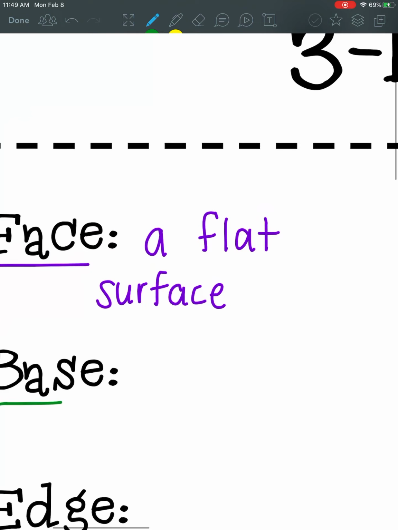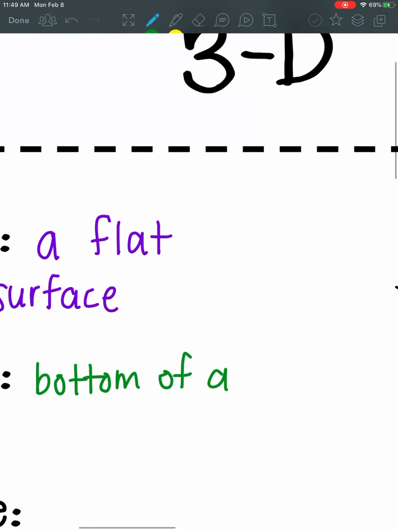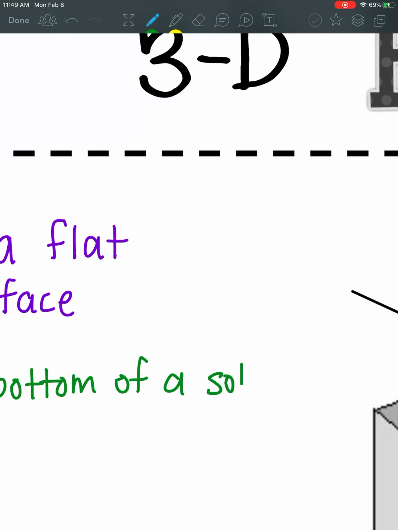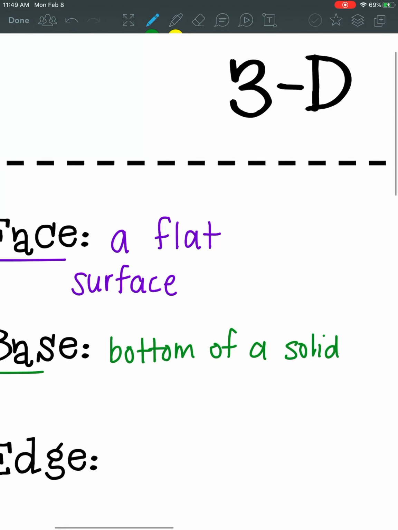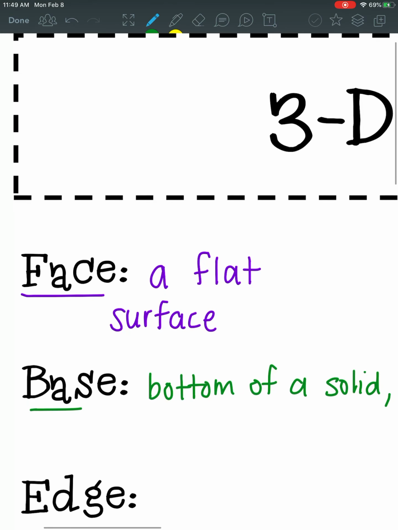Next one, a base. I'm going to change colors and keep these consistent. So a base is going to be the bottom of a solid. It's also how we name shapes. So the base is usually in the word of that shape. Like I said, a base is also a face.